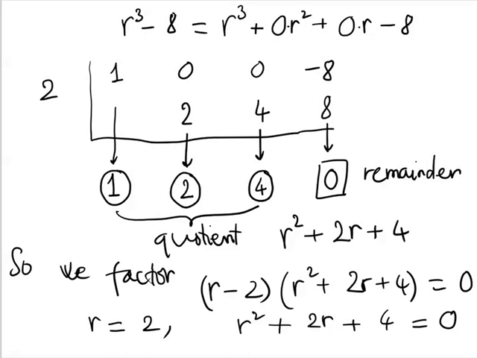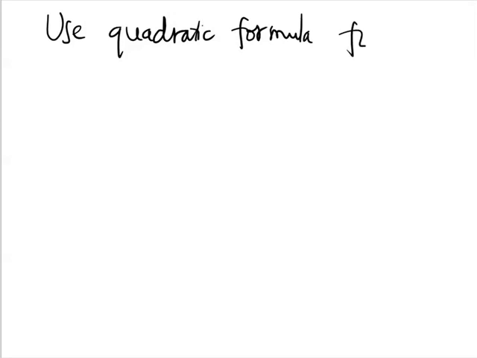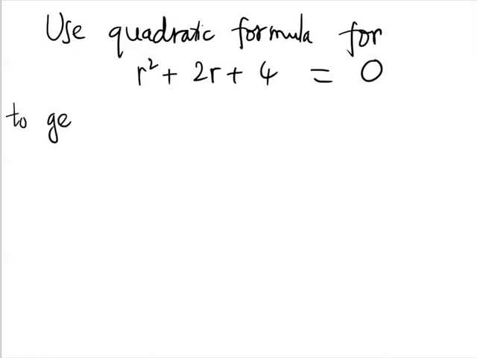Instead, we need to use the quadratic formula for r squared plus 2r plus 4 equals 0. I'm not going to go into details, I would just write out the answer for you. It's minus 1 plus or minus square root of 3 times i. So we get the roots.